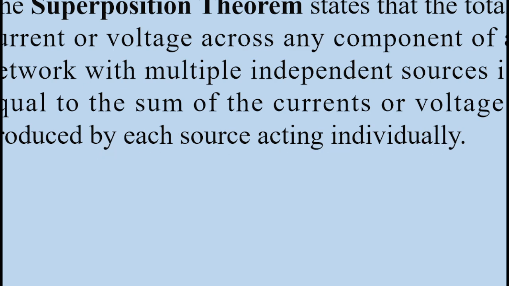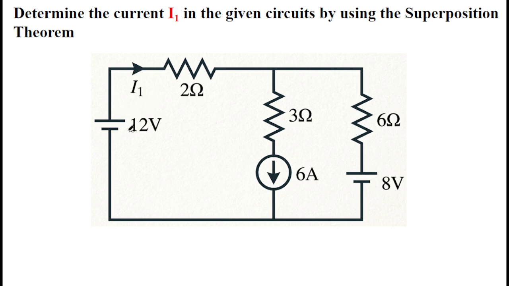In this circuit there are three sources, so we will consider one source at a time, find the current I1 due to that source, and then add all three currents to find the total current I1.